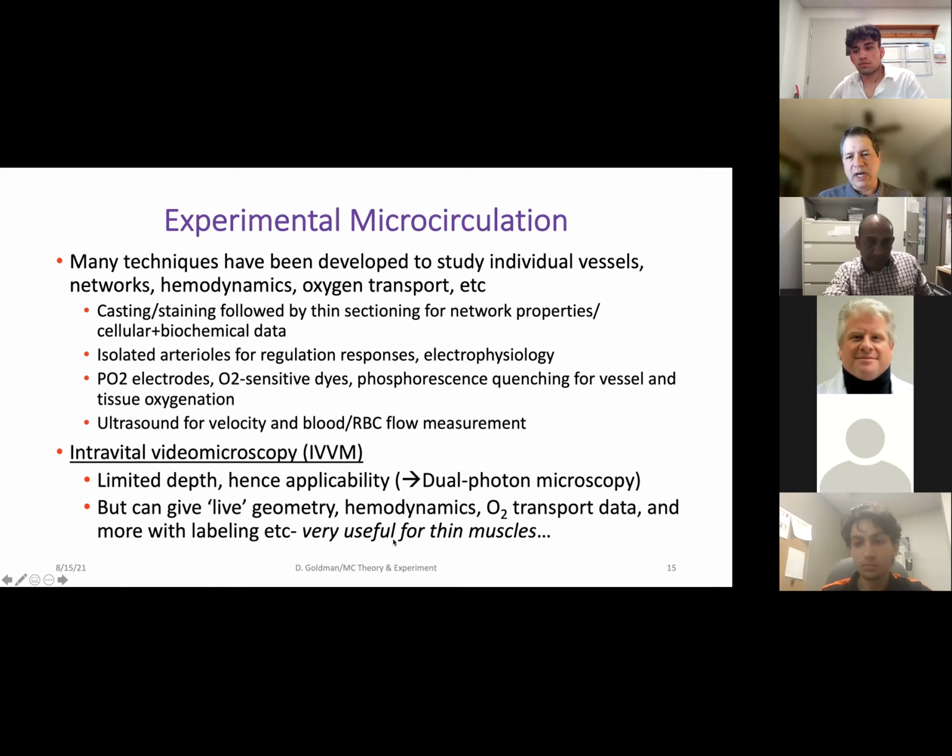And it does work well for thin muscles. So muscles in small animals like the rat, the mouse, if you can transilluminate them and you can see the vessels and the red cells going through, you can get a lot of information from that. And I think probably what Gabrielle showed yesterday was IVVM data. And so there's a lot of people who do this.